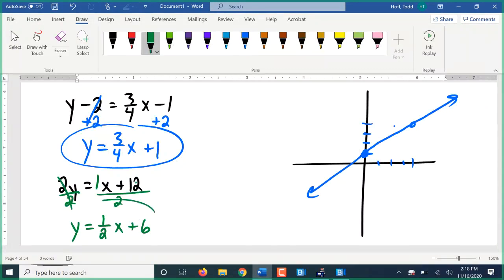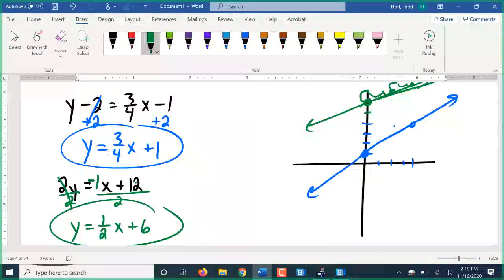For the second one down here, I start at 6. I screwed up again, but that's okay. I meant to have a negative x there. So we rise 1, we run 2. Rise 1, we run 2. And these points don't come together on our graph here.